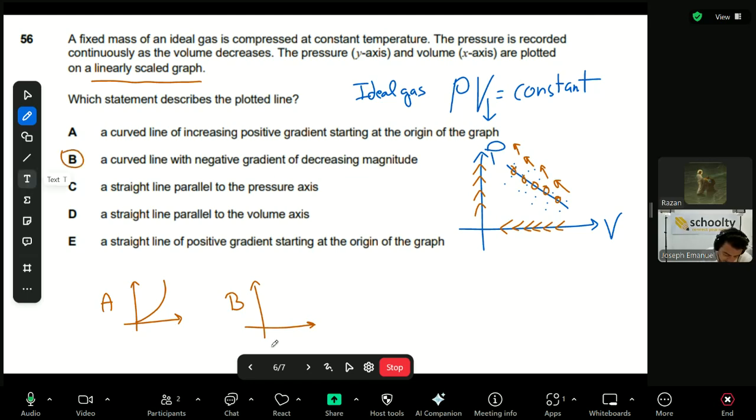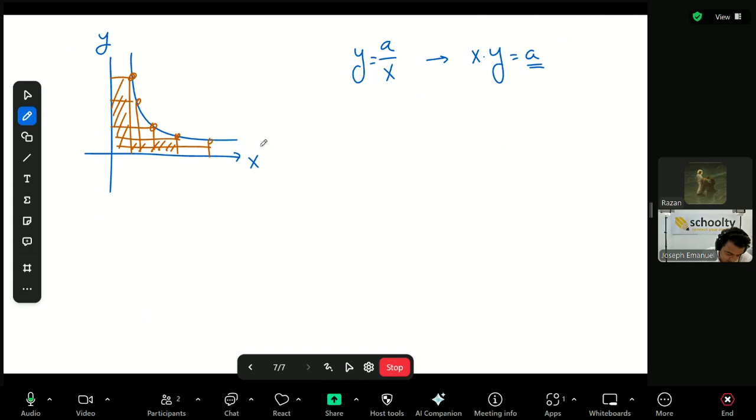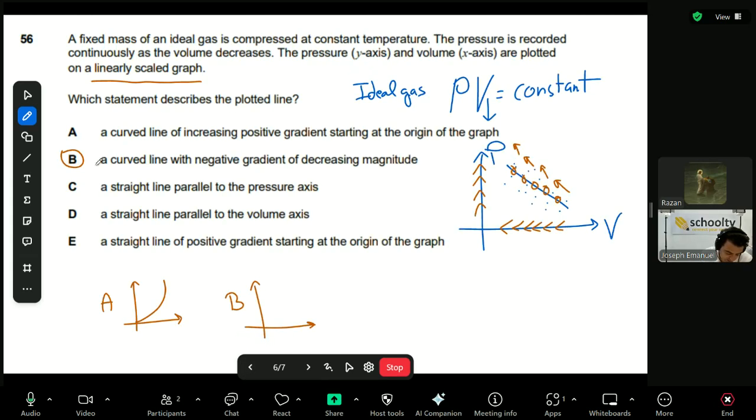I think it's B because, as I said, it should be looking like this. B is describing something like this. C is describing a straight line parallel to the axis, like this. D is describing something like this, and E is describing a straight line of positive gradient starting from something like this.